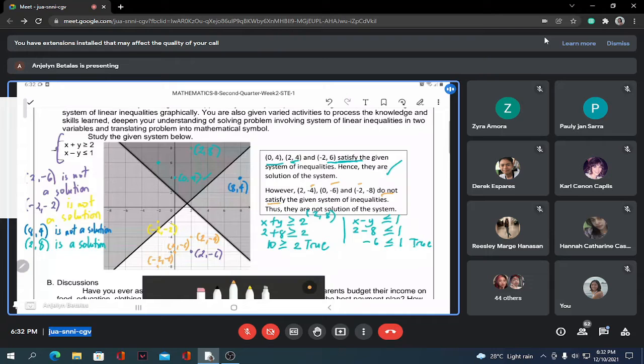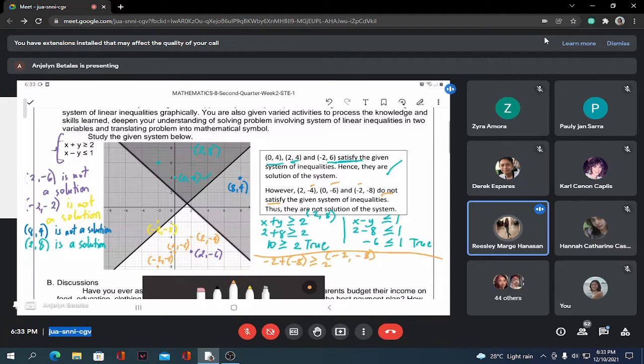If you substitute, for example (-2, -8): x is -2 and y is -8, x plus y greater than or equal to 2. -2 plus -8 is negative 10.